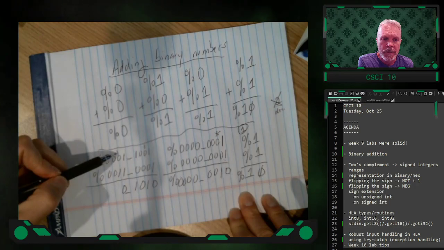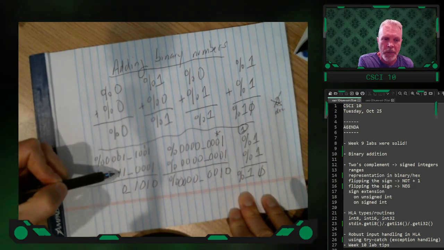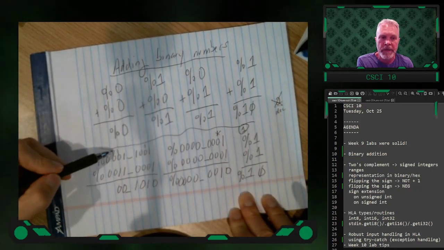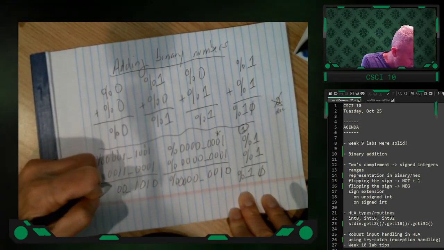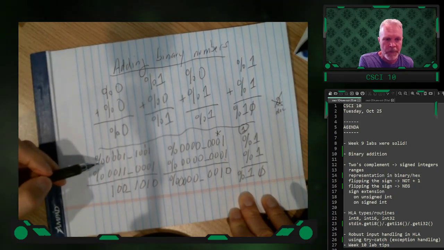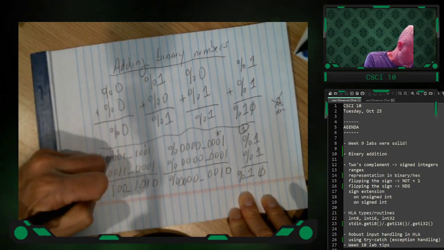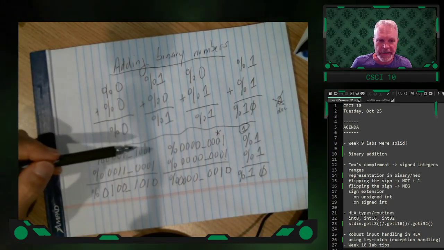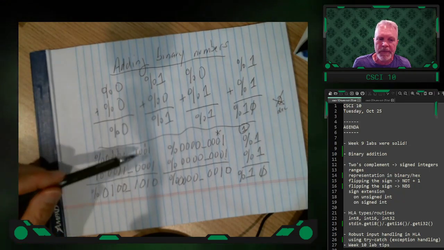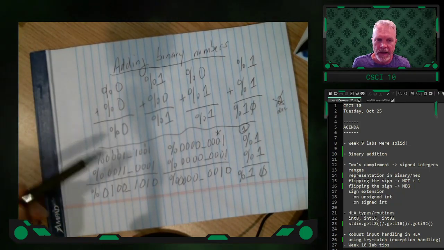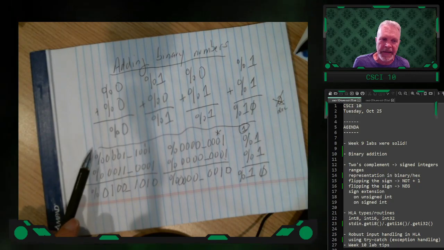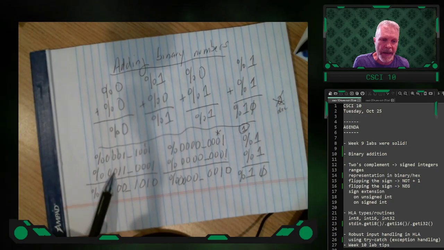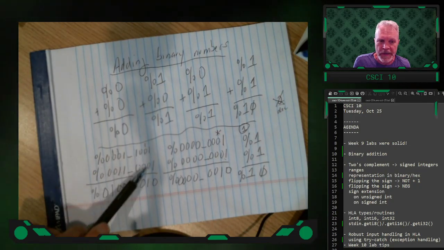Carry a 1. 1 plus 0 plus 1, so 1 plus 1, in other words, is 0. Carry a 1. 1 plus 0 plus 0 is 1. And then the final column is just 0 plus 0. So that's our answer. We could put this in a calculator and figure out what it is. But anyway, binary math. There's always a good chance that a carry falls off the end, which the processor would detect if that happens.